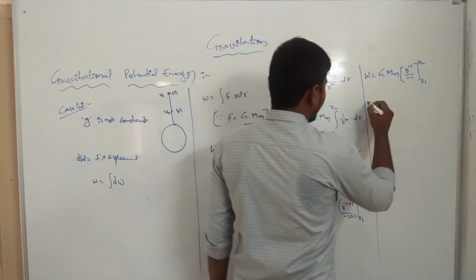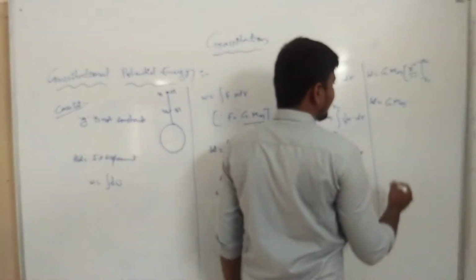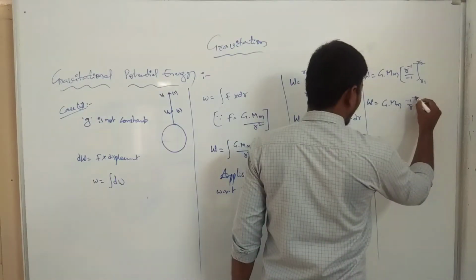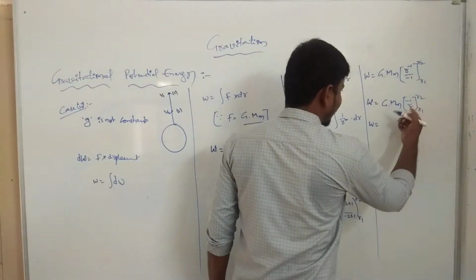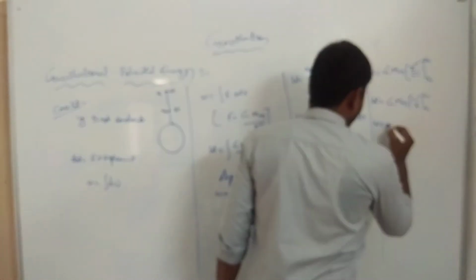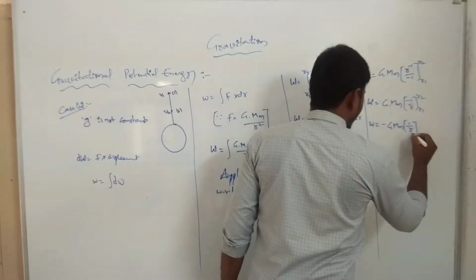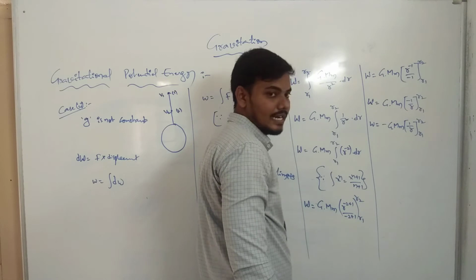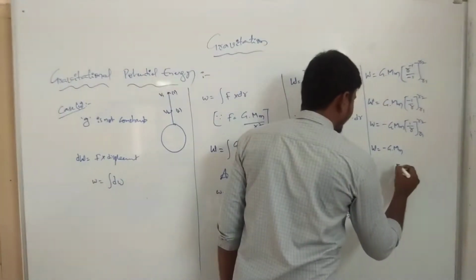The negative sign we take to the left with the constant G M m, so 1 by R with limits R1 to R2. The first limit we apply is R2, the second one R1. W is equal to minus G M m.